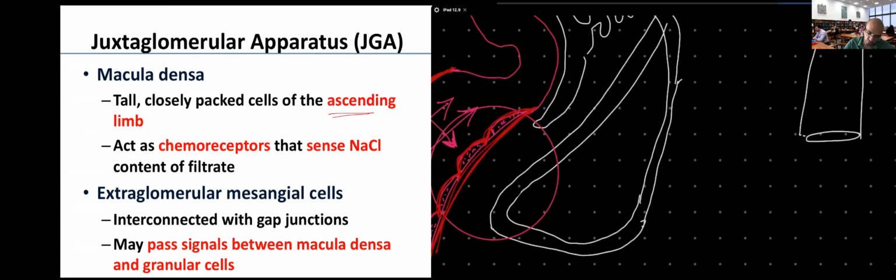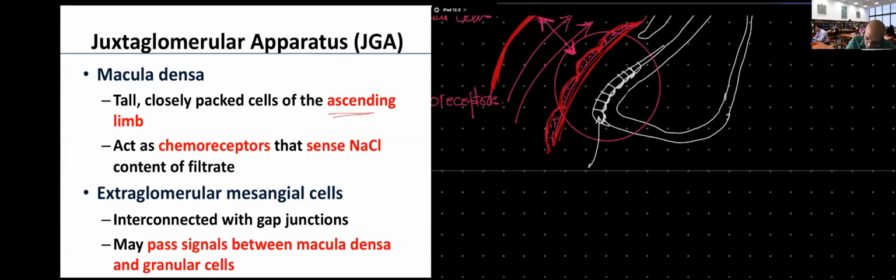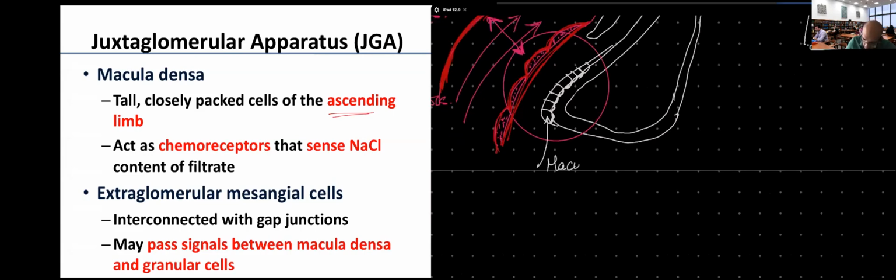So if we're looking closer on here, I have cells of the ascending limb of the loop of Henle. Those are closely packed together. And they are located very close to the granular cells. We call those cells the macula densa.